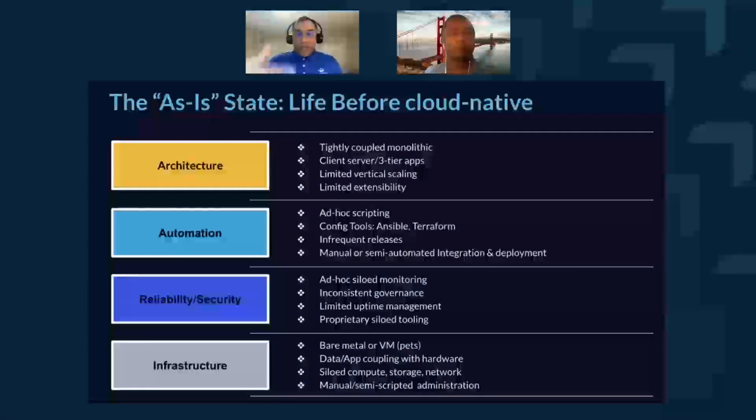And we have a framework here that we use to figure out how companies can grade themselves on their cloud native maturity. This is an example of what a legacy as is state might look like. So I'd love to hear your thoughts on what you've seen, like in the architecture space, like tightly coupled monolithic apps, and what are some of your experiences with this? Does this framework make sense to you?